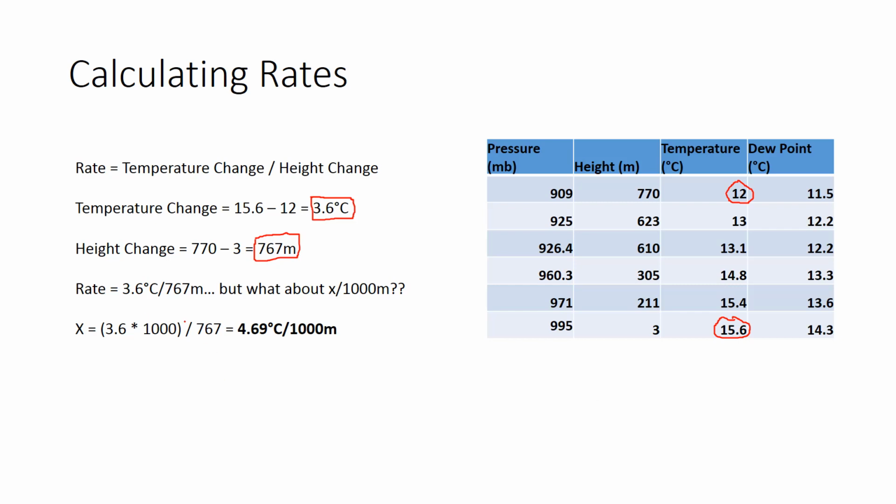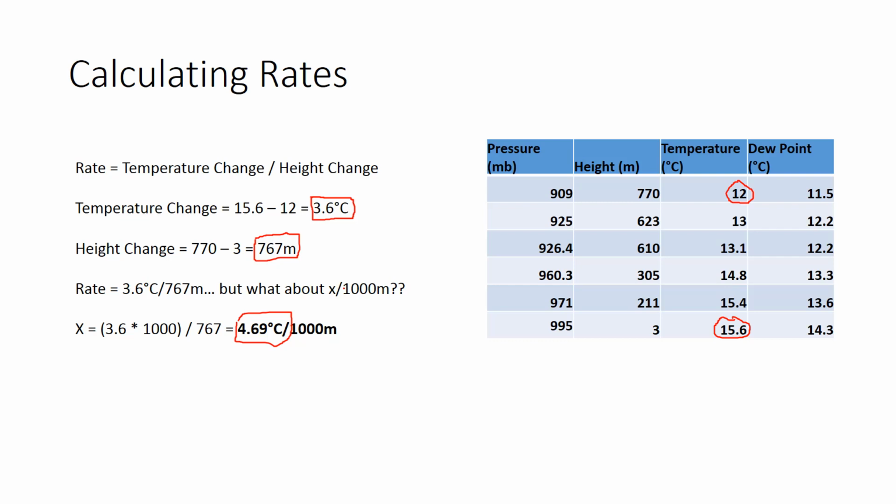So our lapse rate was 3.6 divided by 767. Multiply that by 1,000, and that gives you a lapse rate of 4.69 degrees Celsius per every 1,000 meters. And so that's your lapse rate here, 4.69 degrees Celsius per every 1,000 meters.